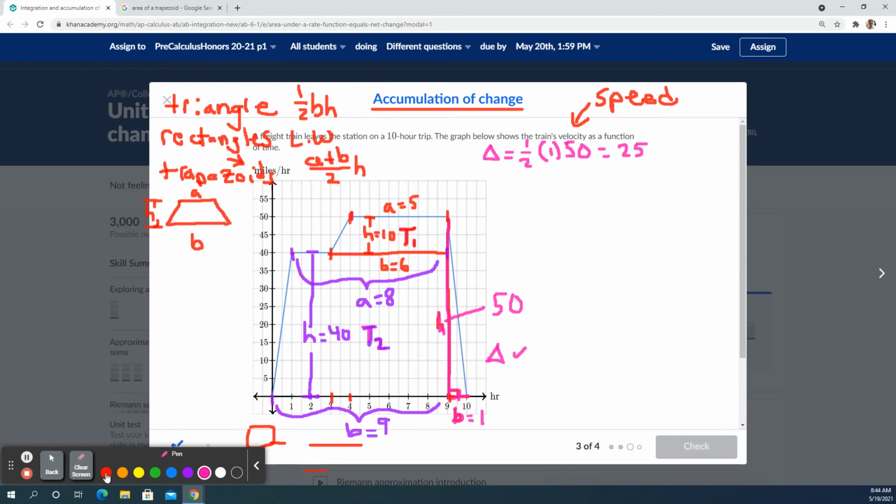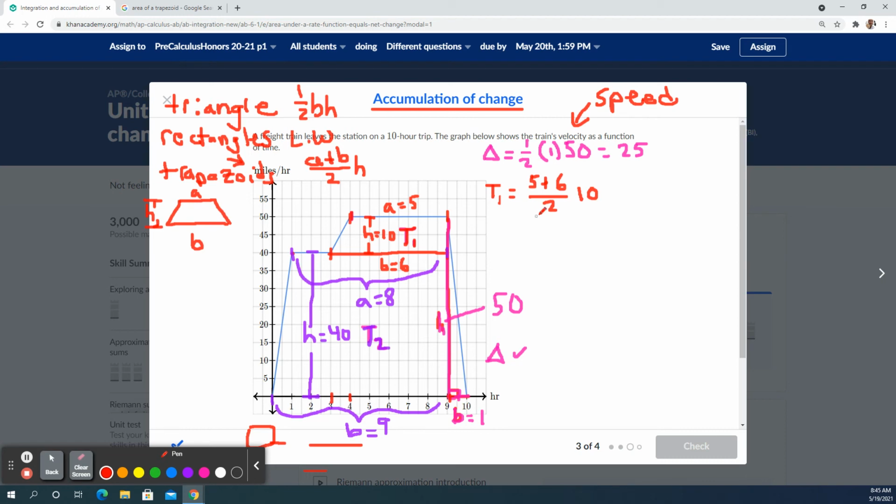Let's go ahead and do red. Trapezoid 1. Trapezoid 1 is equal to A plus B. Don't clear screen. A plus B. So A is 5 plus B is 6 divided by 2 times height of 10.